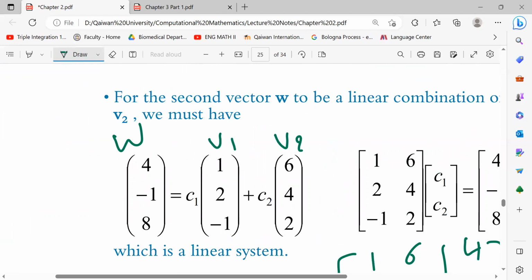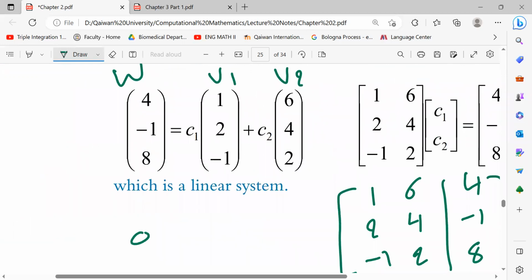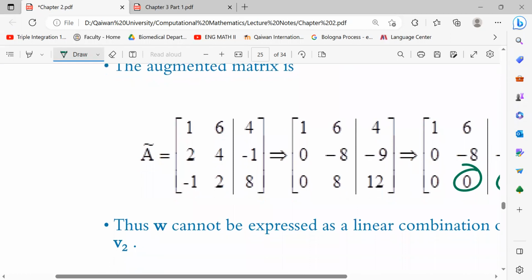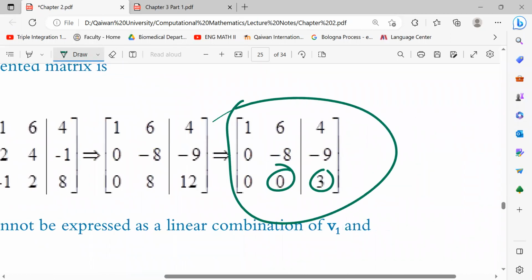We don't get values for C1 and C2 because we got that 0 is 3. It's impossible.